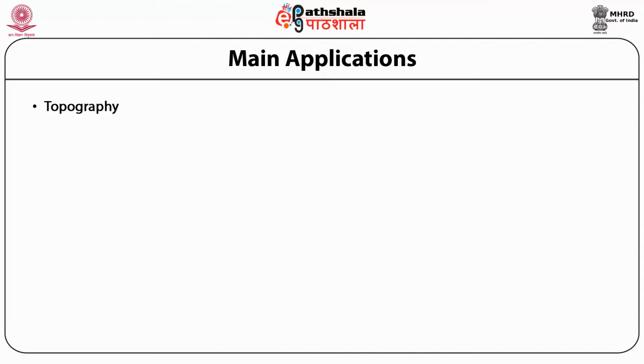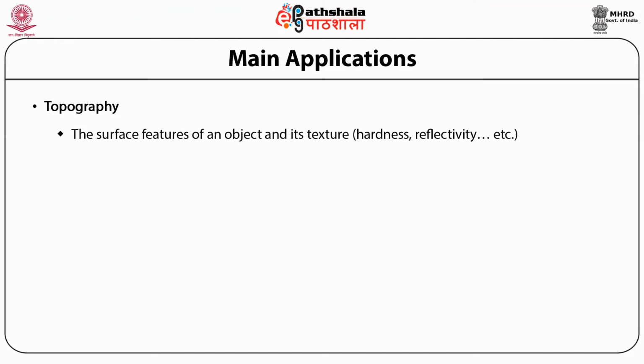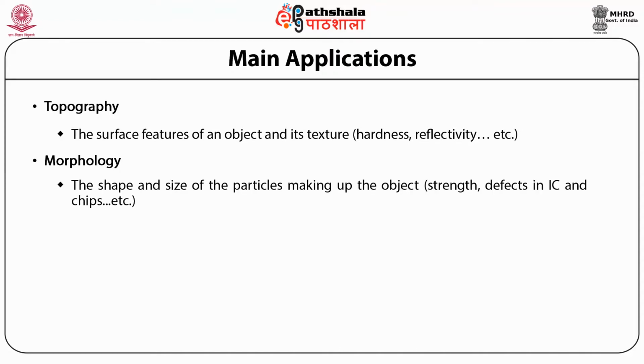First is to study topography, which means the surface features of an object and its texture, that is hardness, reflectivity, etc. Second is to study the morphology, that means the shape and size of the particles making up the object, for example strength, defects in IC and chips, etc.